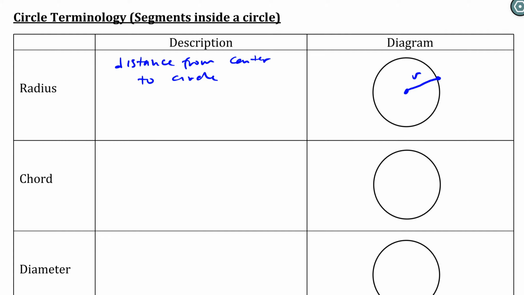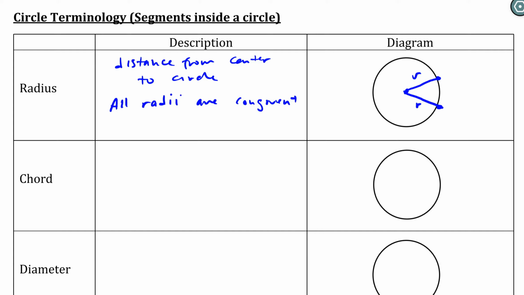That's the radius. The other thing that we should know about a radius is all radii, the plural of radius, are congruent. So if I was to draw another radius here, both of those radii would be the same size.